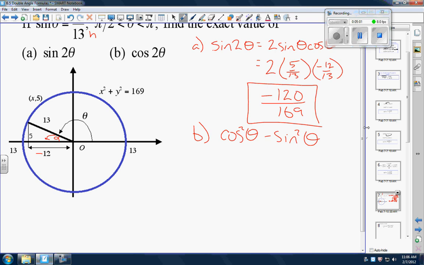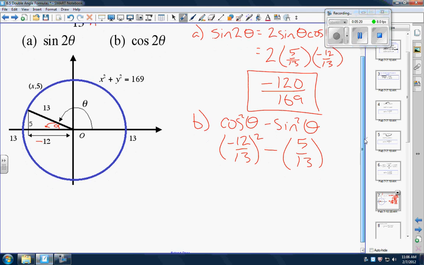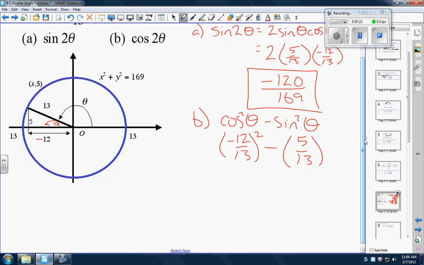Okay, so cosine squared of this guy, negative 12 over 13, we're going to square that guy. Subtract off the sine squared. And I would encourage you to use parentheses and watch your negatives because those will change your final answers here.